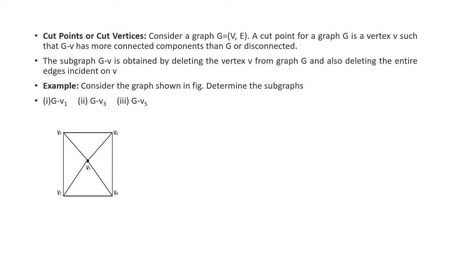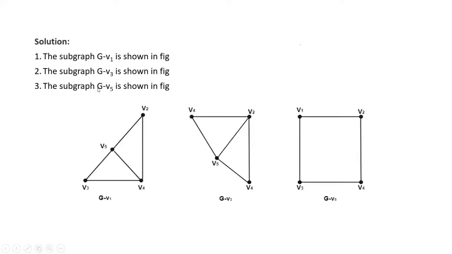Same here, G minus V1. When we remove this V1, the remaining G minus V1 is this one. So whatever edges are associated with that vertex, we have to remove those edges also.